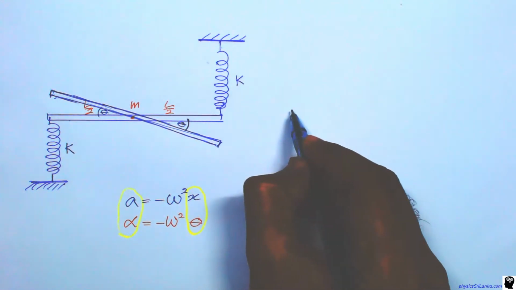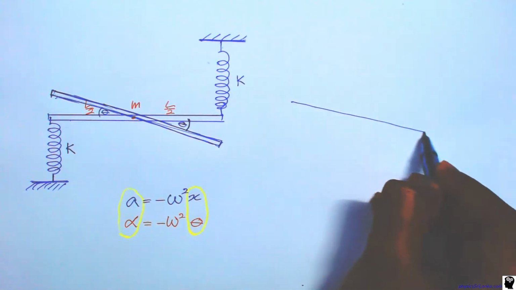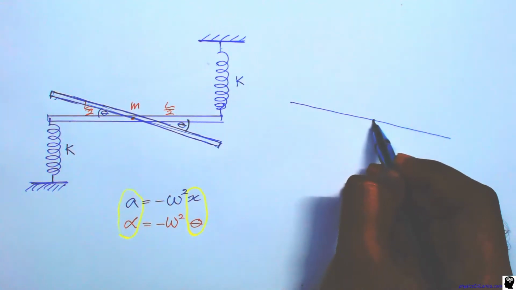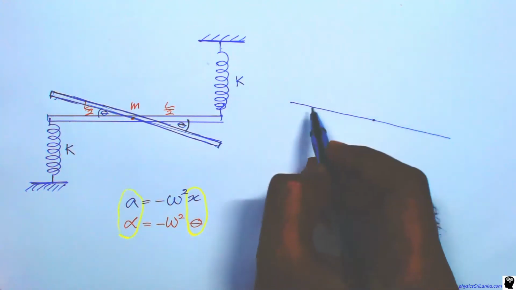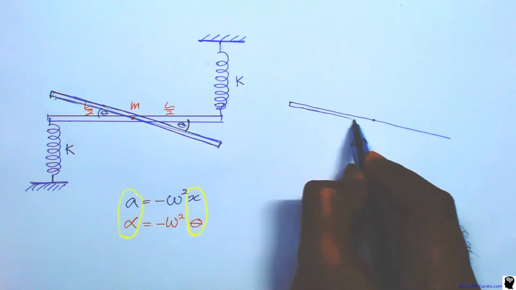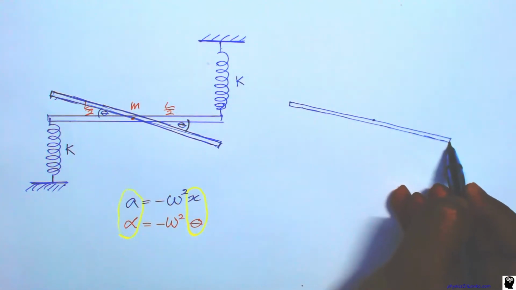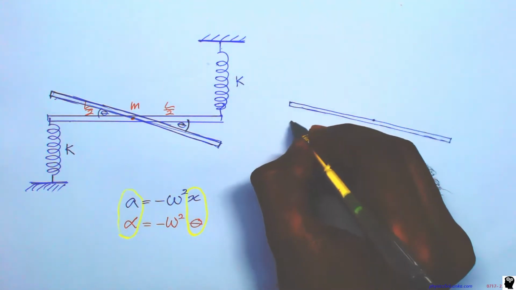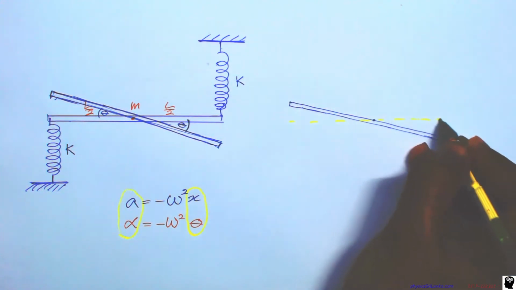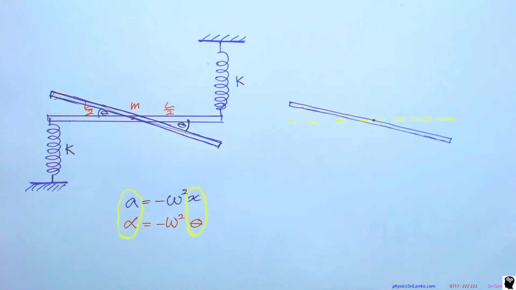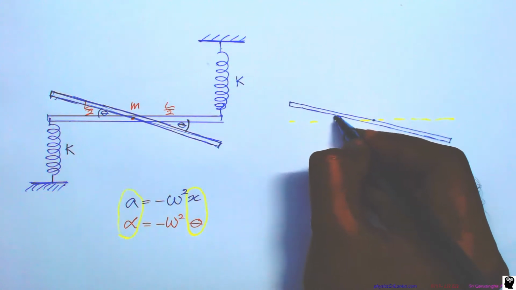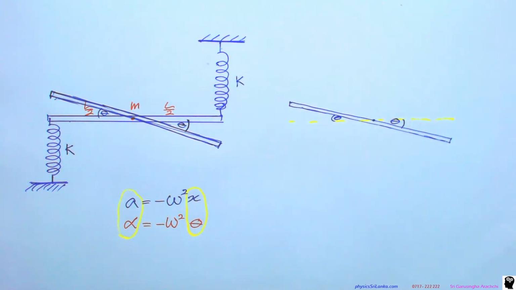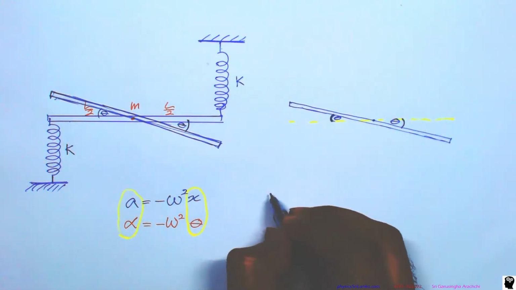So I am actually drawing the diagram with a large theta, but consider this theta to be small, because it's given in the question.